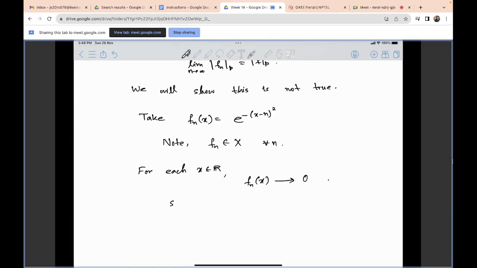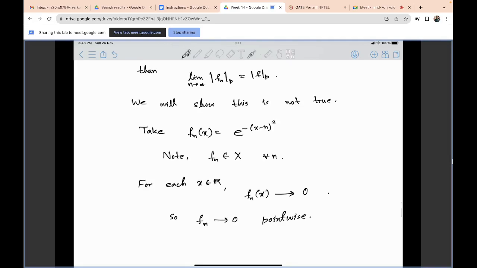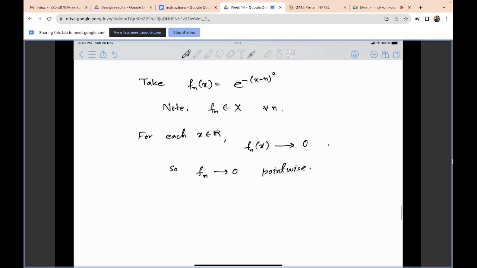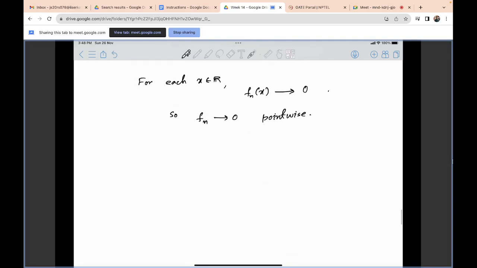So f_n converges to 0 pointwise. Now you have to check whether it converges in the L^p norm or not. So we have to calculate. Let's first calculate this one.